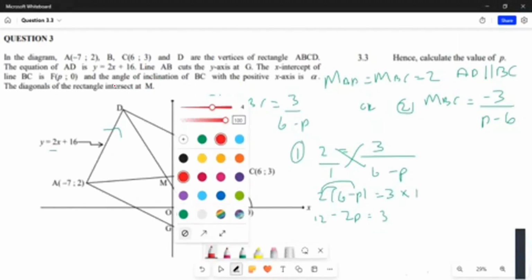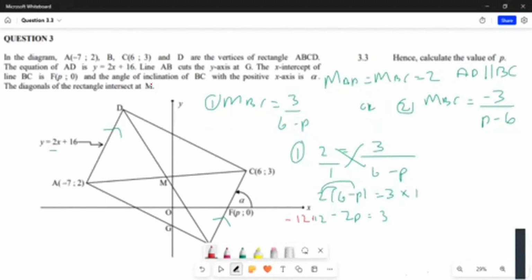To do that, I will minus 12 on both sides. Therefore, I will get minus 2P equals minus 9. I want to get this P on its own, so I will divide by minus 2 on both sides. And then the value of P equals 9 over 2.